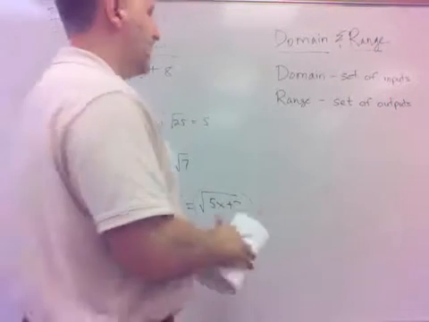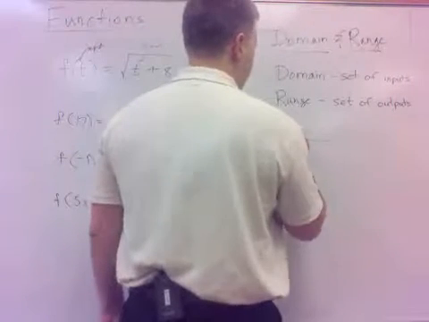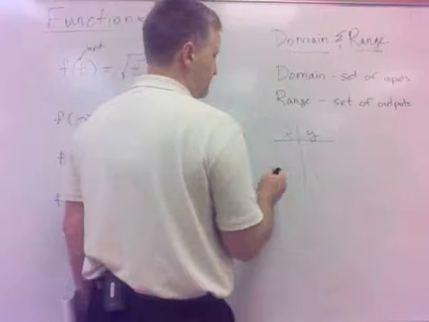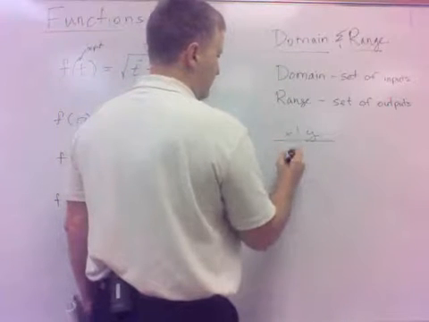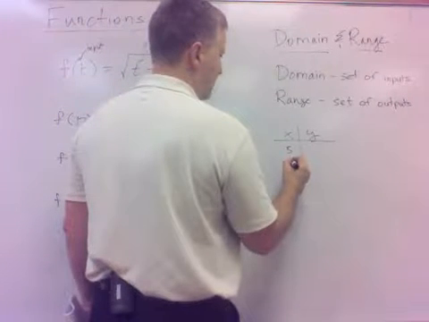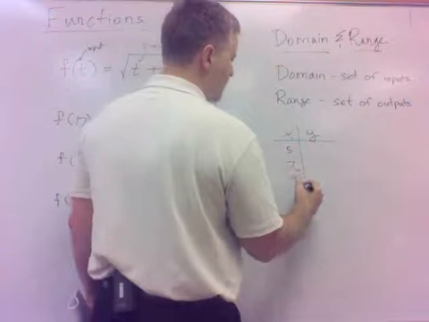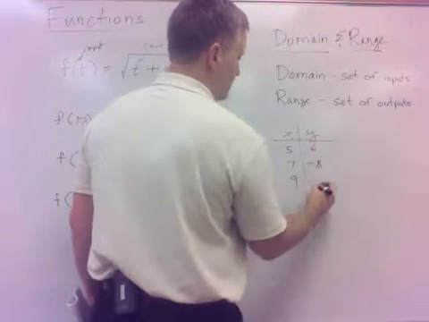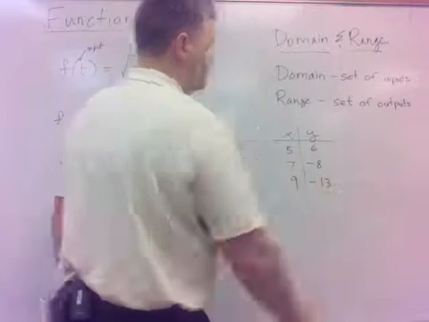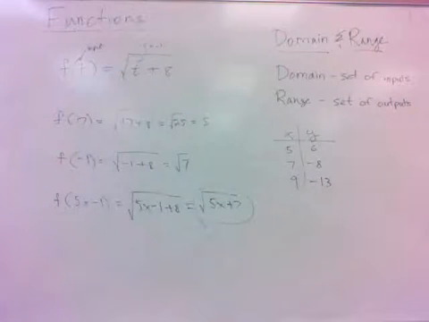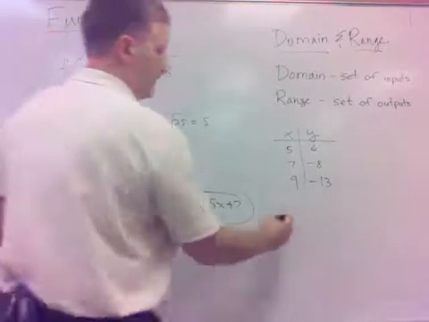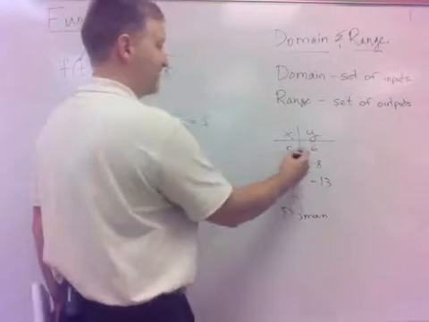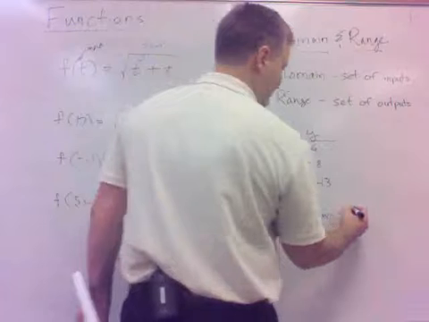So if I'm back to a table, and I'll use x and y since we've used them as inputs, outputs now a lot. Let's say my inputs, the x values are 5, 7, and 9, and over here the 5 goes with 6, the 7 goes with negative 8, and the 9 goes with negative 13. Well, the domain is just the set of inputs, so it'd be 5, 7, and 9.